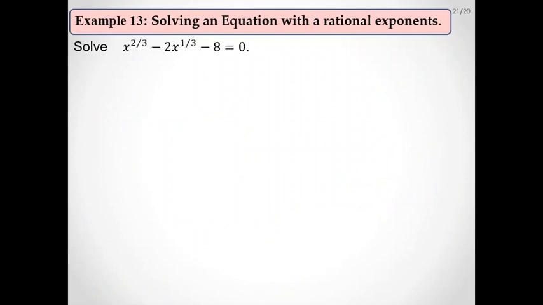Let's look at that problem here. Now, this problem is a little different than the others, because we have 2 different powers here. These are fractions, but these are fraction rational exponents, but they're different. So some students do it this way. I want to warn first.